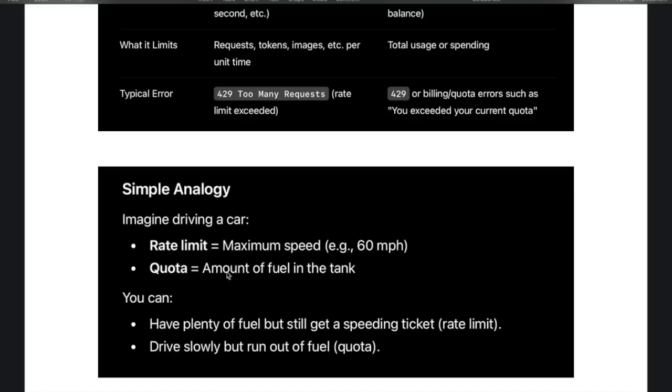But quota is the amount of fuel in the tank. If you don't have enough fuel to drive the car, you will still get an error and you will not be able to drive the car at all. For the speed, you can control it again in the next hour. So that's how rate limits and quotas are related.